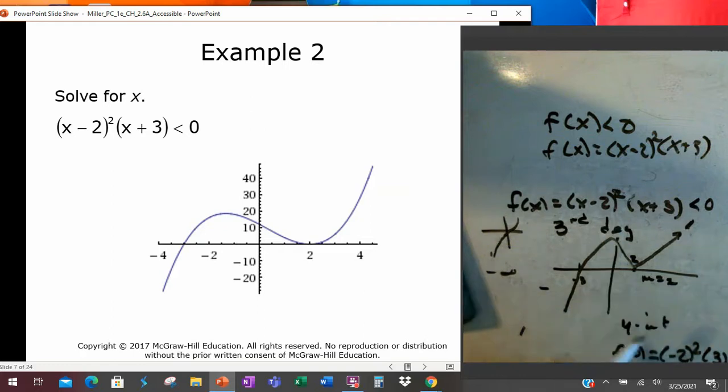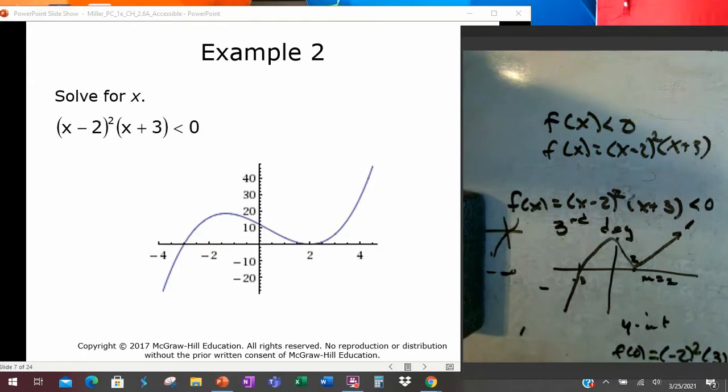So you would graph it and then just read off what you're looking for. Less than 0 being negative numbers, greater than 0 being positive, and then do you include the x-intercepts if this is equal to 0? And you do.